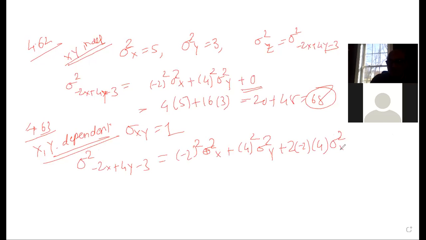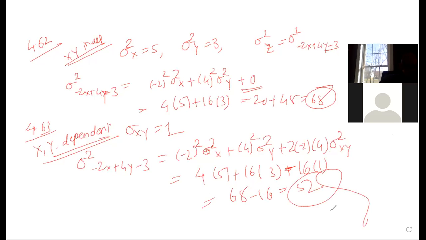So that is 4 times 5, plus 16 times 3, minus 16 times sigma XY, which is 1. So that is 68 minus 16, which is equal to 52 hours.